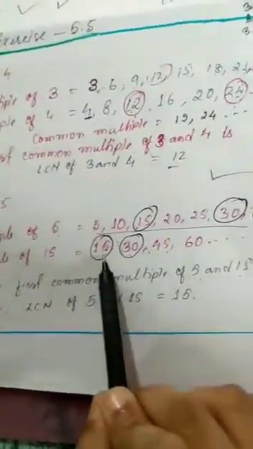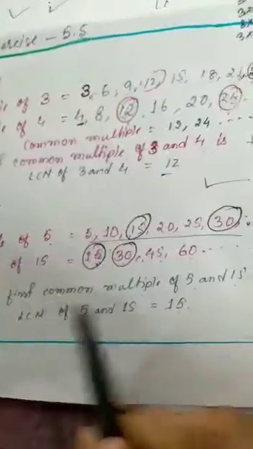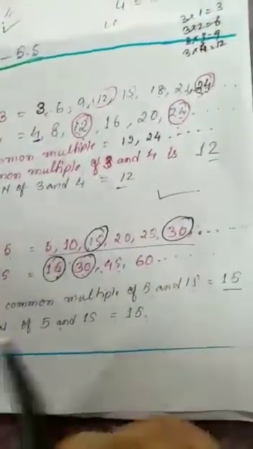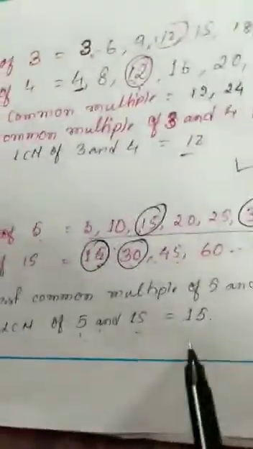So 15 is the least, meaning the first common multiple of 5 and 15 is 15. So the LCM of 5 and 15 is 15.